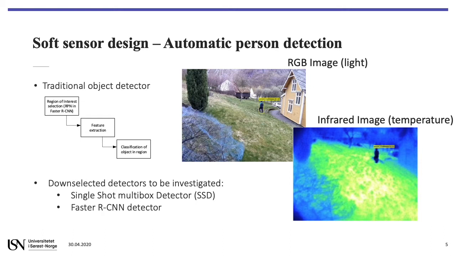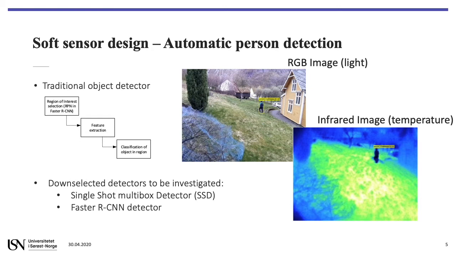I'm going to talk a little bit about the work we did in MATLAB. So you have the illustration of detection shown here on the two images, an RGB image and an infrared image, where you have a detection of a person. All traditional object detectors use three phases, where the first phase is you define a region of interest.